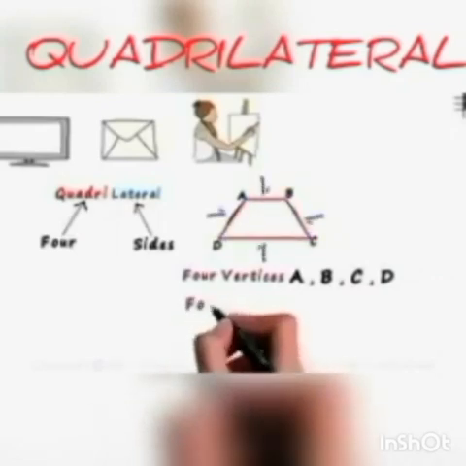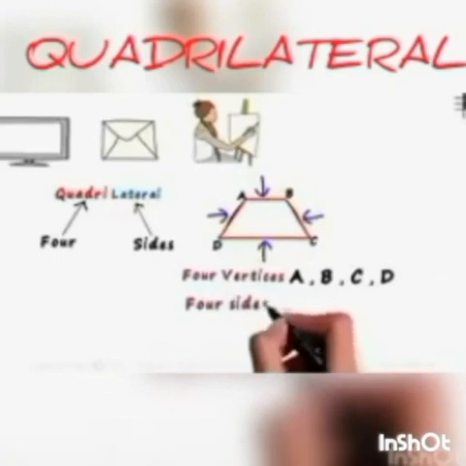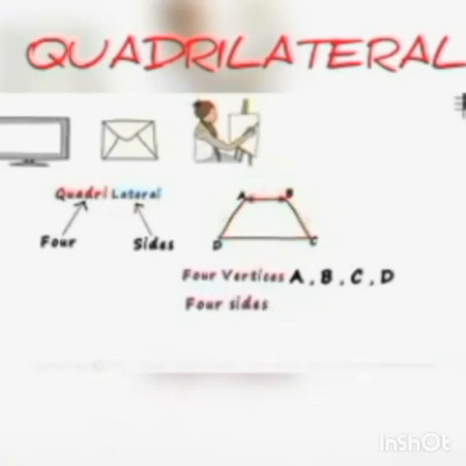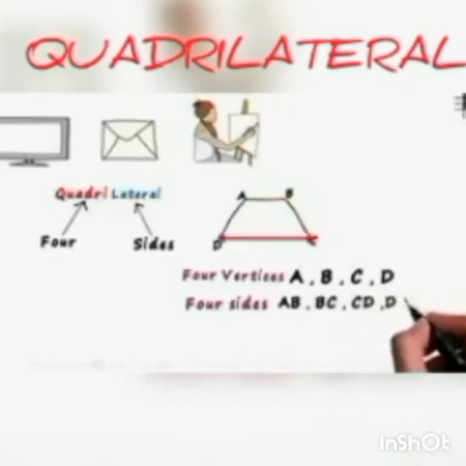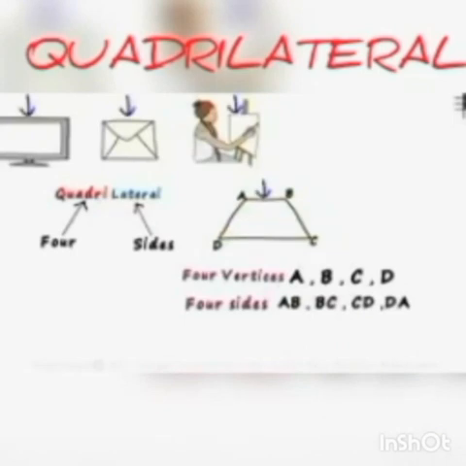A quadrilateral has 4 sides. Here the 4 sides are AB, BC, CD and DA. Hence, every quadrilateral has 4 sides and 4 vertices.